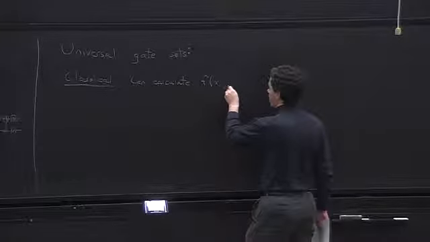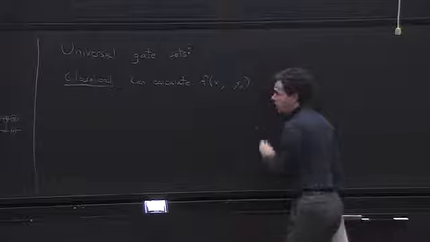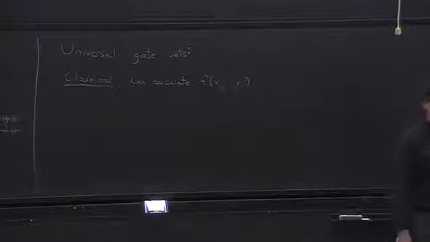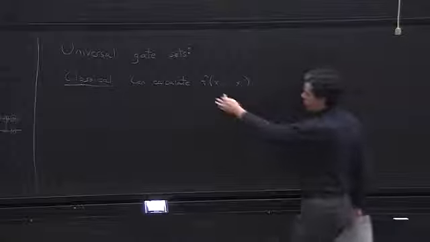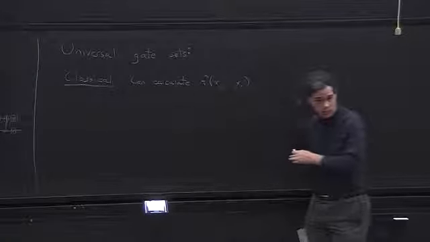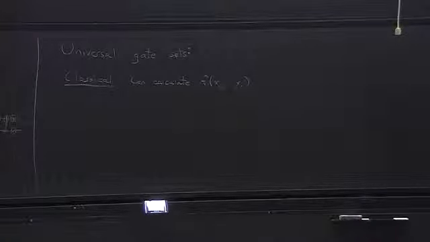We have some inputs x1 through xn, and we calculate f of x1 through xn, right? And so in the irreversible case, we don't need to keep the inputs. In the reversible case, we might need to keep the inputs, but we can always make it reversible by having the output x1 through xn and then f of x1 through xn, right? As you should remember from yesterday.